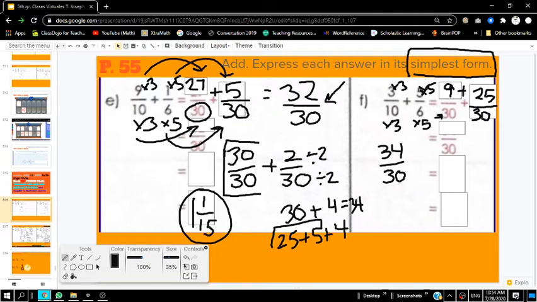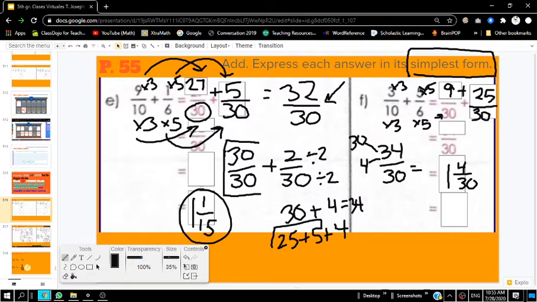But I can simplify this. I know that 34/30ths equals 1 and 4/30ths. I know that because I can break this down into 30 plus 4, and 30 over 30 equals 1.